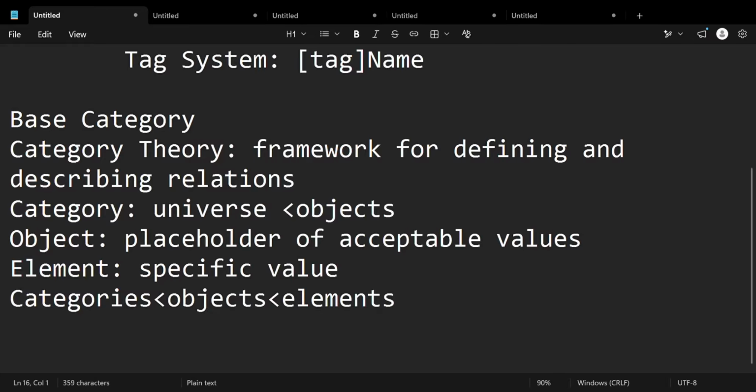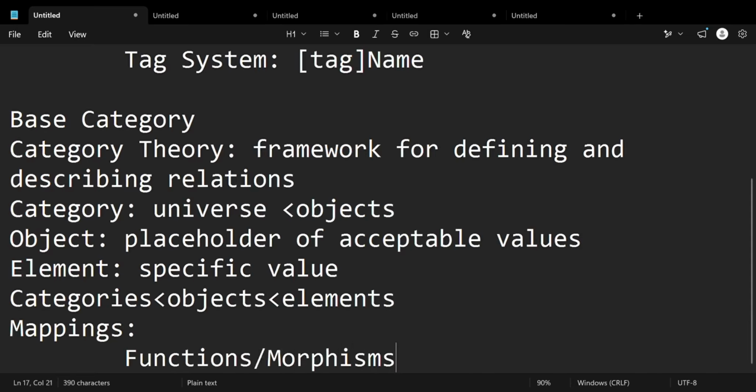and that the fourth thing of category theory was mappings, which again, from the prerequisite of mapping, relates one thing to another. It's an arrow, right? And there are three different types of mappings. There are functions slash morphisms, which relate objects to objects.